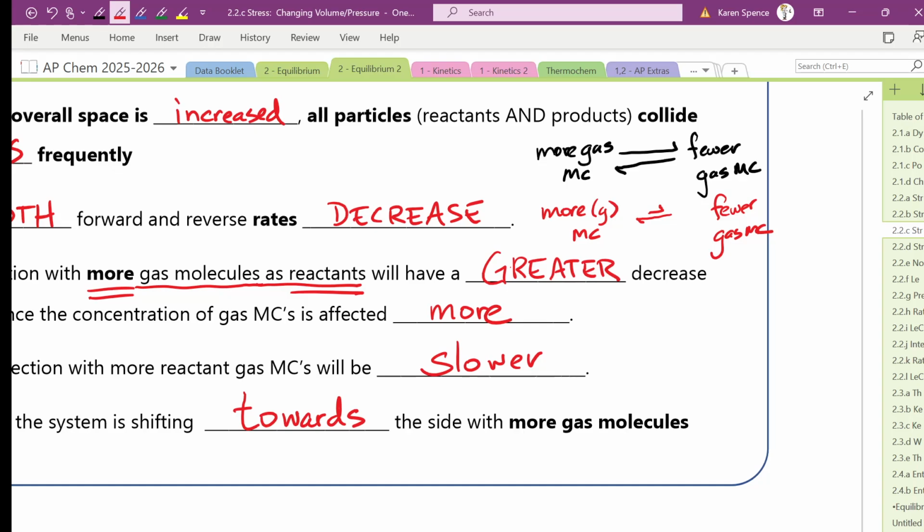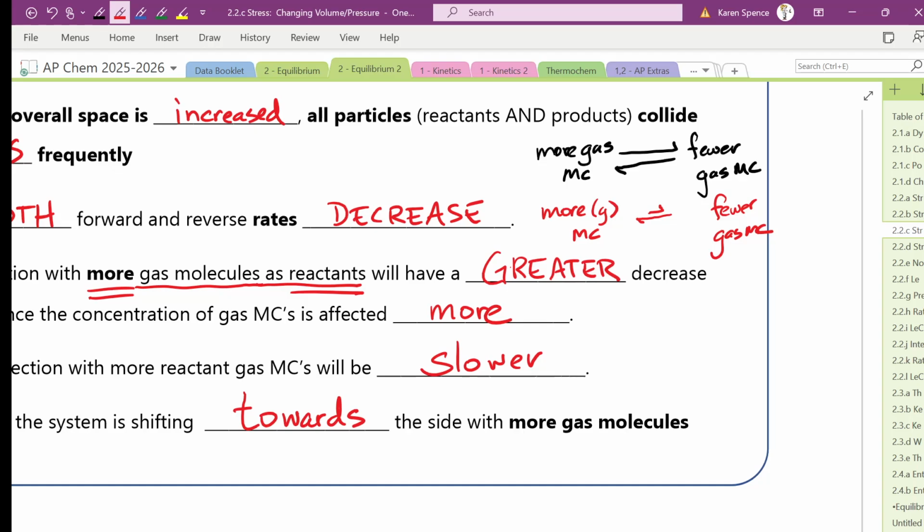Now, one thing I wanted to point out is when you are talking about gases and you're talking about the number of molecules, you have to explain it in terms of the number, not just molecules, but you have to say the number of gas molecules, okay? Someone in my first period class said to me after they got their test back, I keep missing these little details in the quizzes and the tests, and I keep getting off half a mark here, 0.25 there.